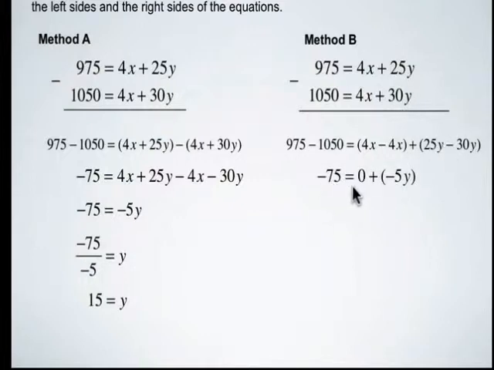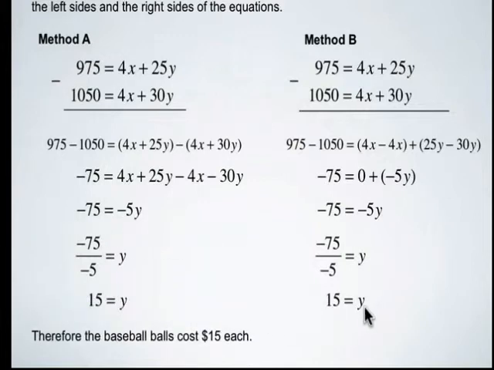And when we do this, we end up with negative 75, and once again 4x minus 4x is 0, and 25y minus 30y is negative 5y, and so we end up right at the same point that we did in method A. So whichever way you feel comfortable, I'm going to be using this method mostly because it seems to be the one that most people prefer. And now we continue. Divide both sides by negative 5 to solve for y, so y is equal to 15. Now recall that y represented the price of each ball, so therefore the baseballs cost $15 each.